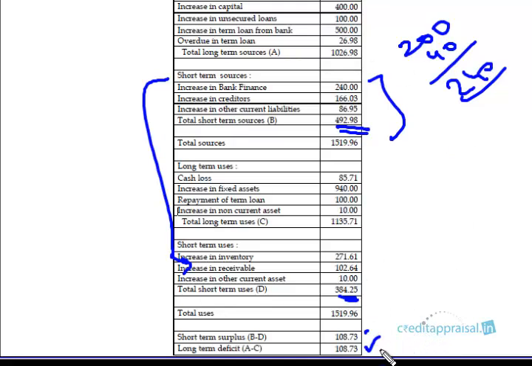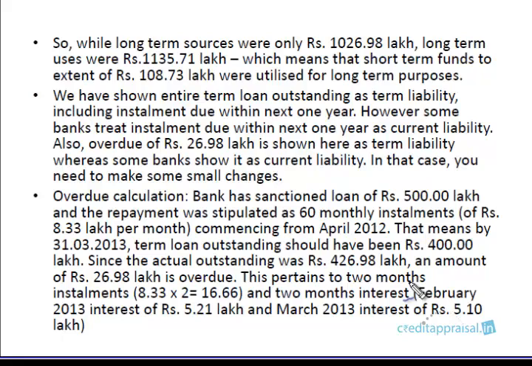Okay. So that's how that 108.73 deficit was met. Again, might be confusing to you, but please follow along. So long-term uses were more by 108.73 lakhs compared to long-term sources. That was bridged. That was financed from the short-term surplus.